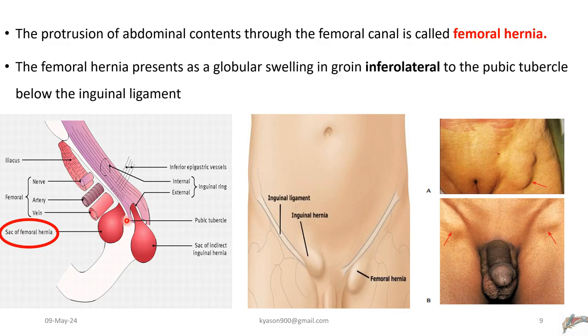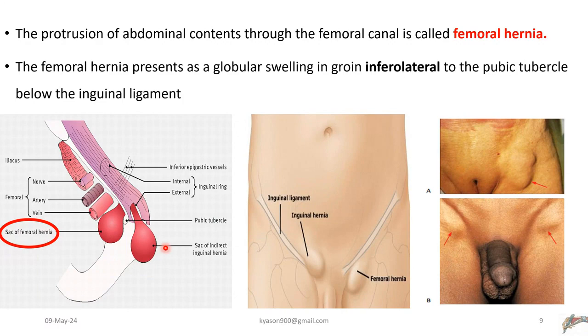Okay, and that's a bony landmark that can be used to differentiate femoral hernias from inguinal hernias. In femoral hernias, the hernia sacs are going to be situated lateral to the pubic tubercle. The pubic tubercle can be felt, can be palpated in a patient, and if the sac is lateral to the pubic tubercle, that is simply going to be called the femoral hernia.